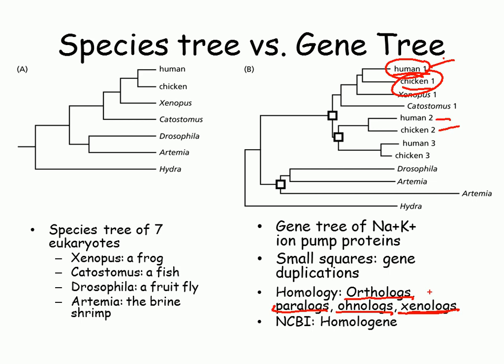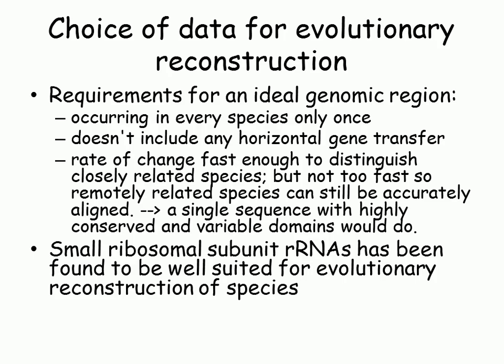Okay, or you could have a viral genome being integrated into a species, then the genes from the viral genome would be considered xenologs. All right. So what type of data should we use for evolutionary reconstruction of species?